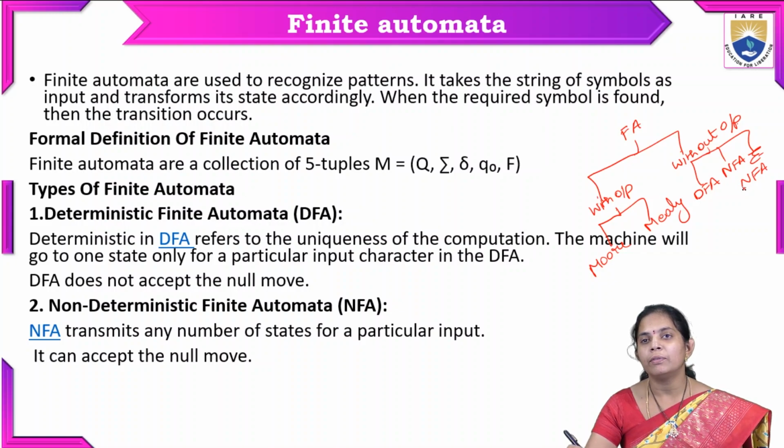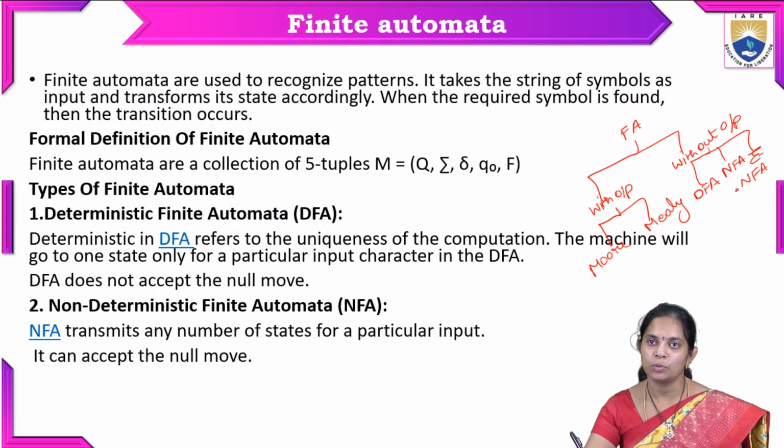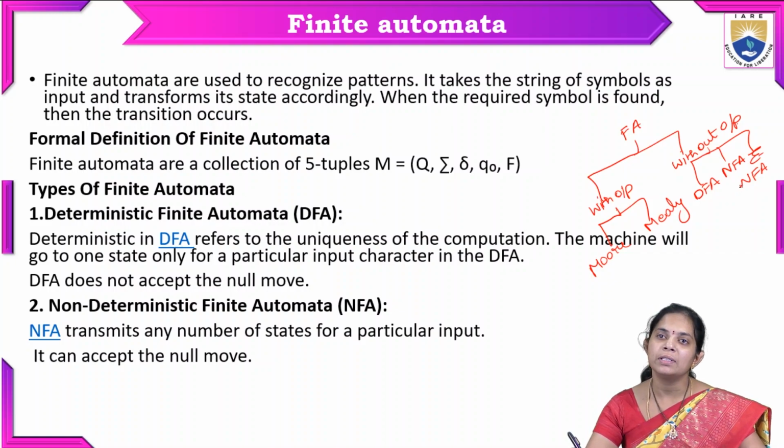So what is meant by finite automata? Finite automata is used for the recognition of patterns. To match those patterns we use finite automata, and it takes strings of symbols as input.